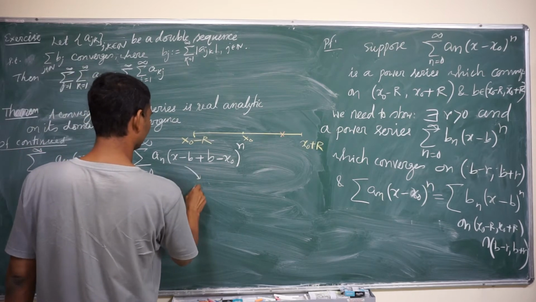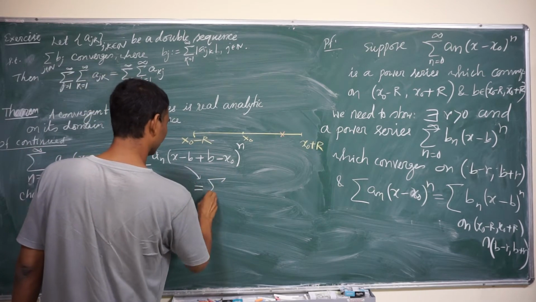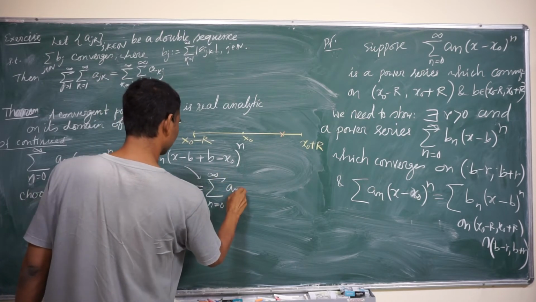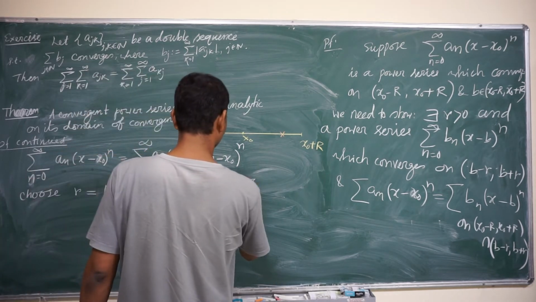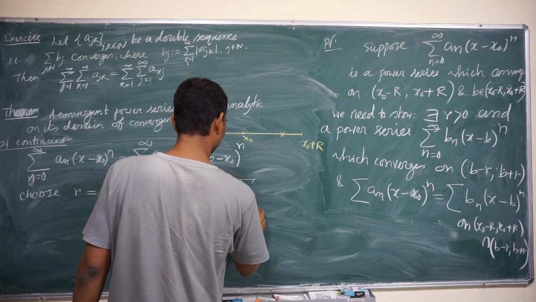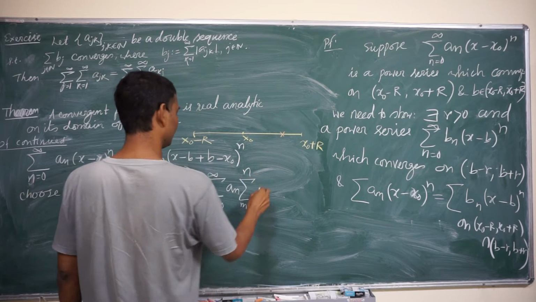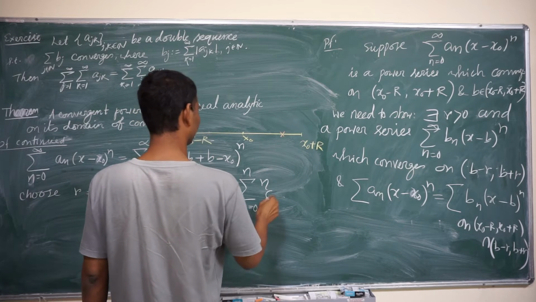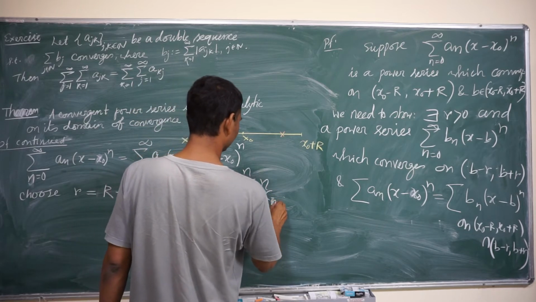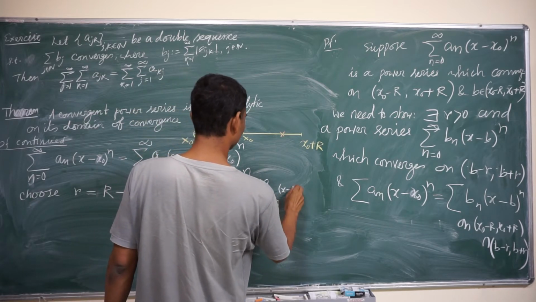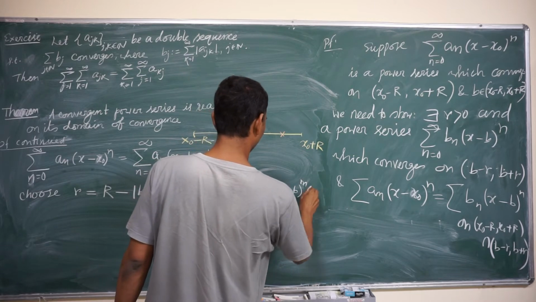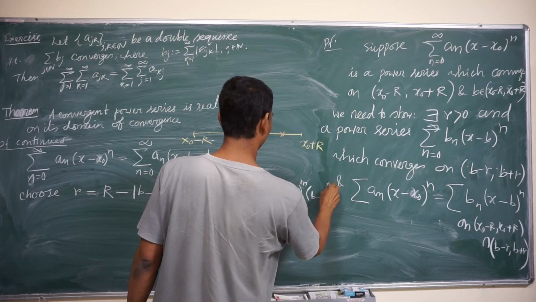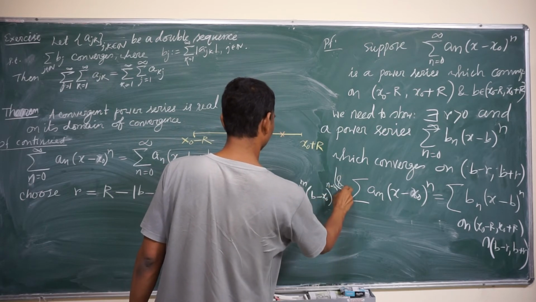Alright, so now expand it. From here you expand summation n equal to 0 to infinity a_n, summation m equal to 0 to n, n choose m, (x minus b)^m (b minus x naught)^(n minus m).